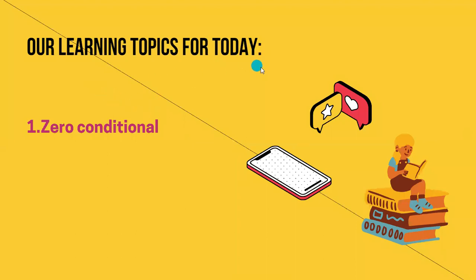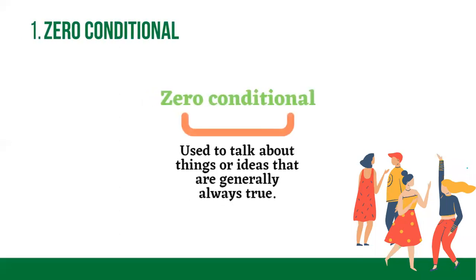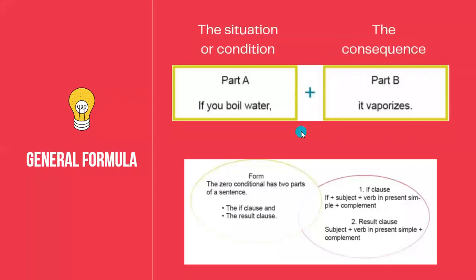Our learning topic for today is zero conditional. Zero conditional is used to talk about things or ideas that are generally always true. And here we have a general formula that applies for zero conditional sentences.